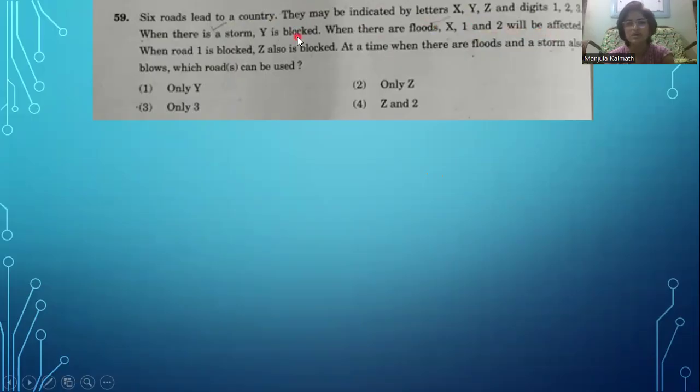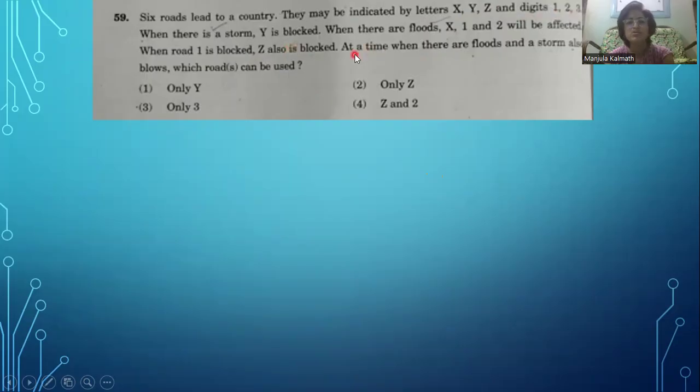Here X is blocked, Y is blocked, 1 is blocked, and 2 is blocked when there is a storm and flood. When road 1 is blocked, Z is also blocked, as they are interconnected. So 1 being blocked means Z will also be blocked.